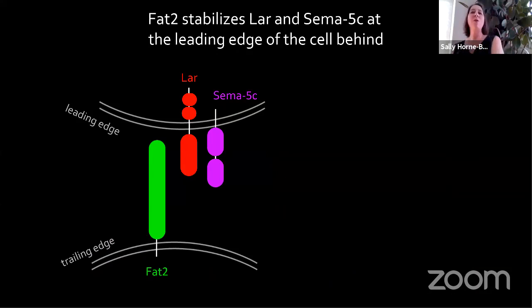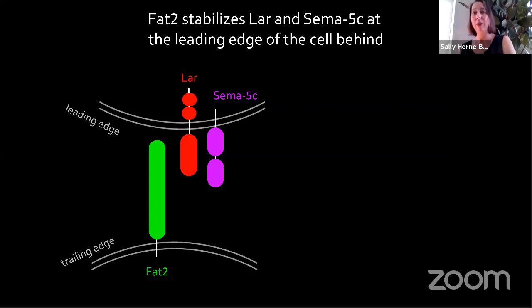Okay, so again, without showing you the data, I'm just going to tell you that the exact same situation is true for SEMA5C. So there's a couple of things to mention about these data. The first is that we don't know that this interaction between FAT2 and the leading edge proteins is direct. There could be 20 other proteins in this complex that we haven't discovered yet.